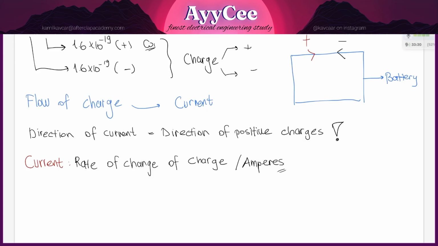So ideally, if current is equal to the rate of change of charge, that means mathematically current I is equal to dq over dt, which is representing the change of charge. And at the same time, it is actually representing the rate of change of charge. So in a way, this is the first formula we are ever having. This is explaining the relationship between current and charge, and I'm going to number that as Formula 1.